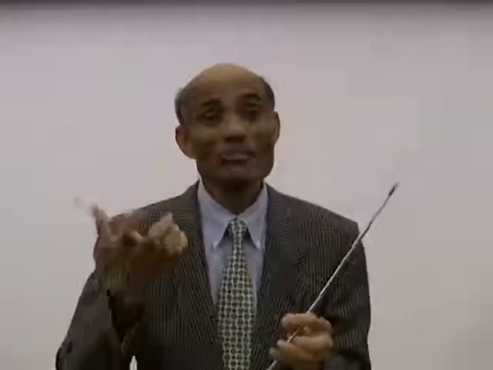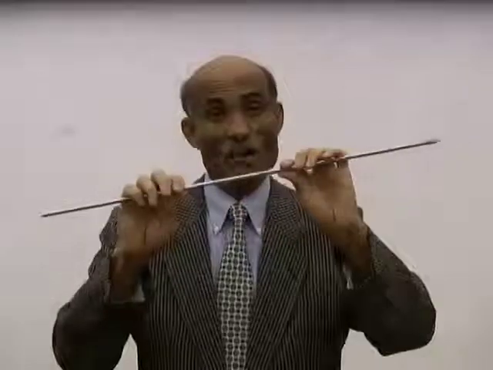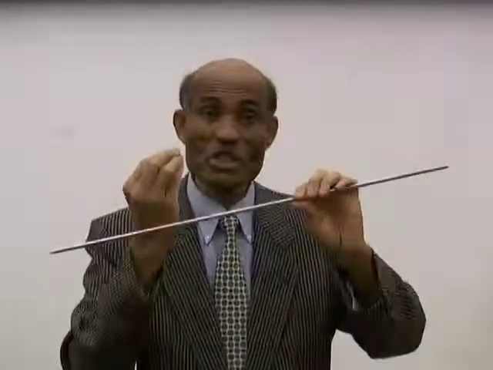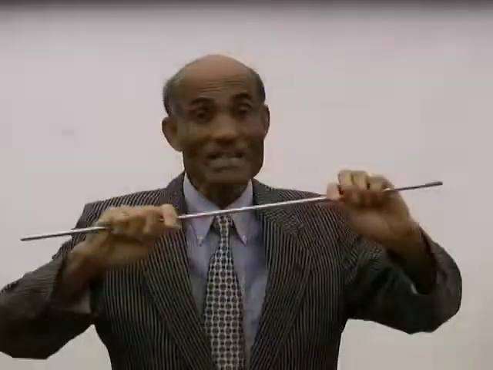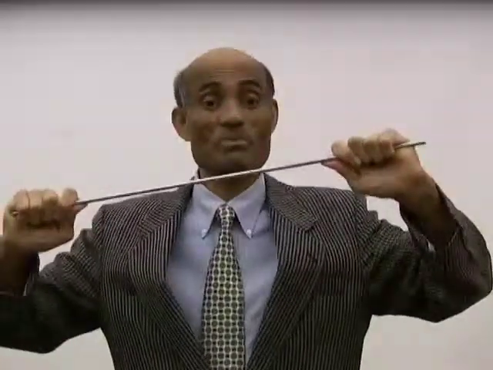Well, this is the elastic band. Which is more elastic? Well, I need to rephrase that question to make the meaning of elasticity clearer. Which of these can withstand a greater deforming force and still keep its shape?